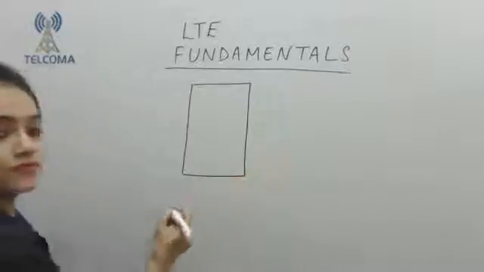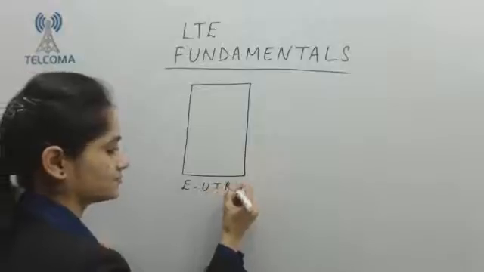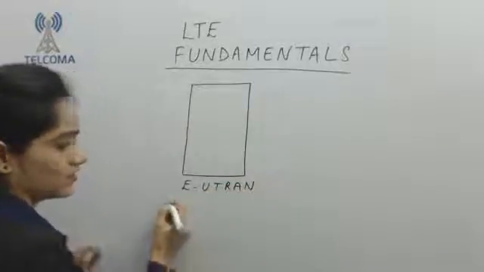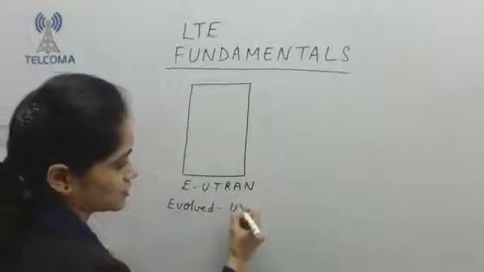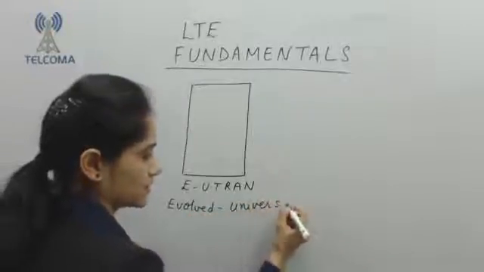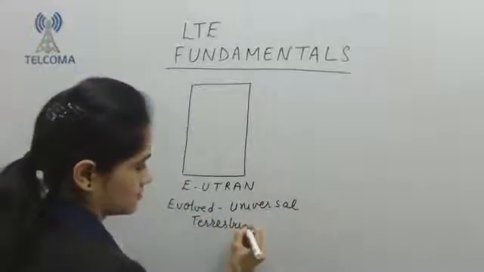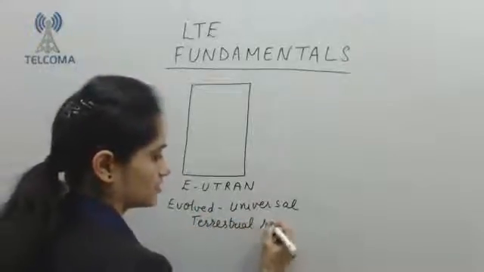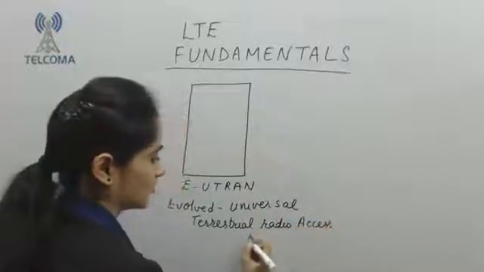We want one radio network which is the E-UTRAN part. E-UTRAN is evolved universal terrestrial radio access network.